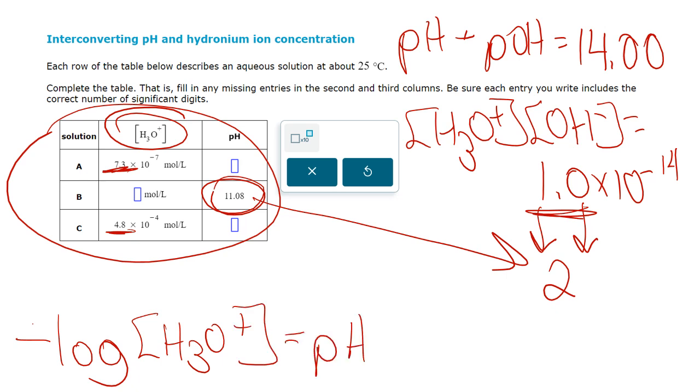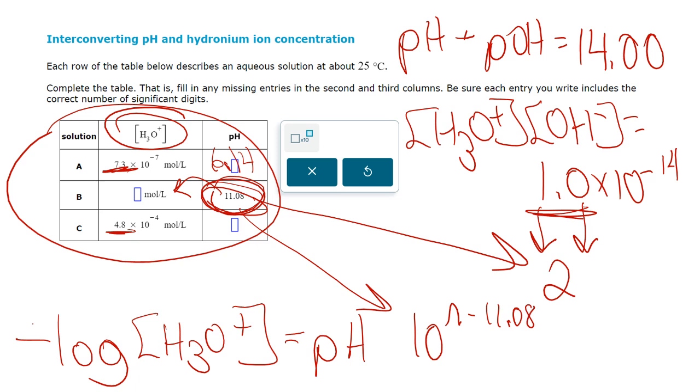So I'm just going to enter these: negative log of 7.3 times 10 raised to the negative 7th. So we have pH of 6.14. And then if we're going backwards, and we want to find here, I'm going to type in, so just make sure you know how to do it. 10 raised to the negative 11.08.